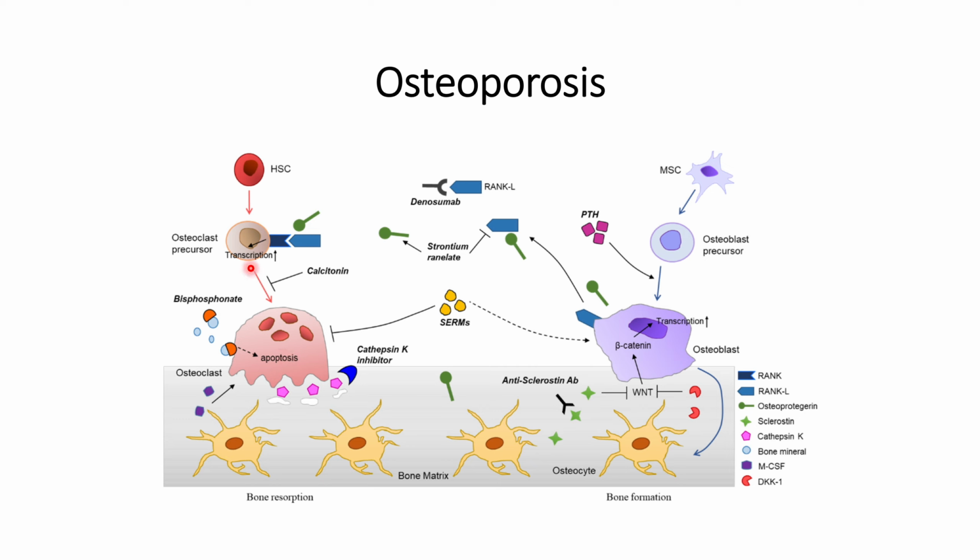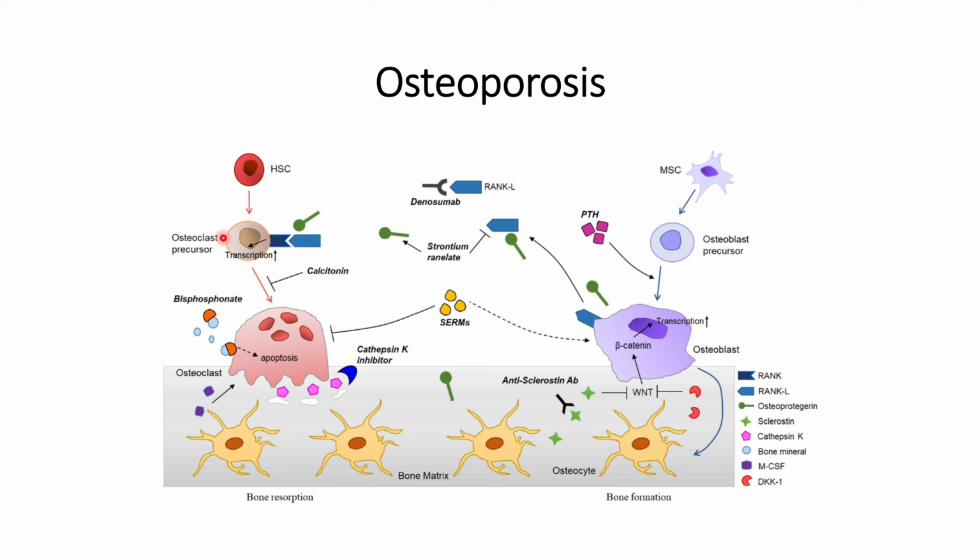That might lead to a decrease in bone density with time. So let us understand how both bone resorption and bone formation occur. Bone resorption usually occurs with the help of osteoclasts, and osteoclast formation happens from hematopoietic stem cells.